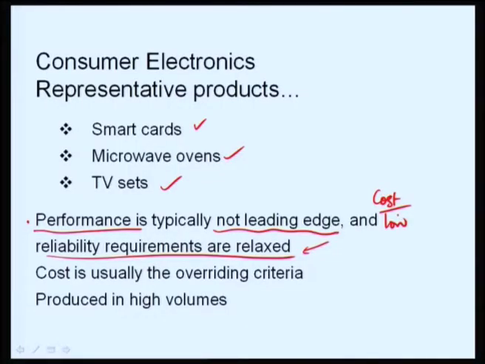You can't invest a lot of money to get very high end performance and keep it at low cost. So, cost is usually the overriding criterion to decide what kind of design implementation, in terms of expensive devices and materials, can be used for consumer electronics. It is usually produced in high volumes, and that is why we are able to keep the cost low.